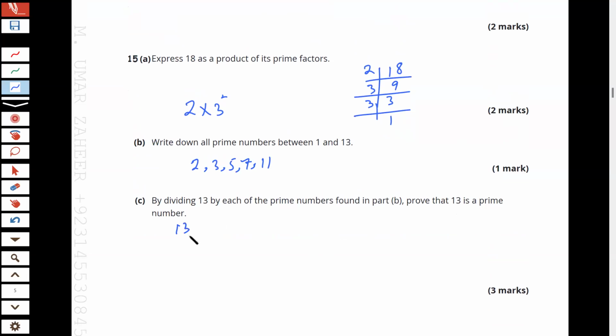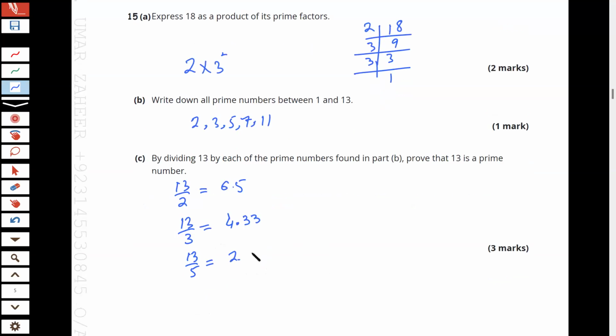So obviously 13 divided by 2 is equal to 6.5. 13 divided by 3 will be 4.33 recurring. 13 divided by 5 will be equal to 2.6. 13 divided by 7 is 1.86.